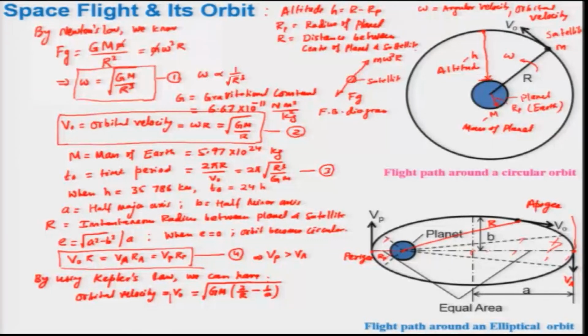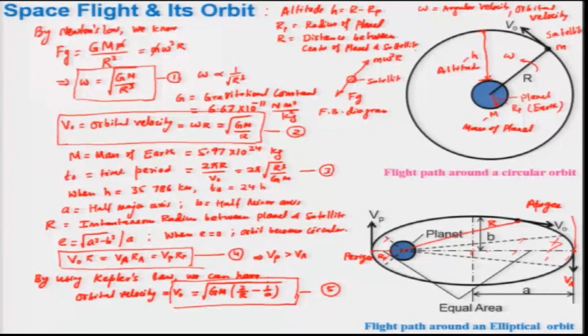Here M is the mass of the planet, and G is the gravitational constant as I discussed earlier. This is equation 5, and it is a very important relation for the elliptical orbit. You can see that for a particular a, if r is changing, V naught keeps changing for the same gravitational constant and same planet mass. That means it depends on the path, and of course the direction is changing all the time as it moves.